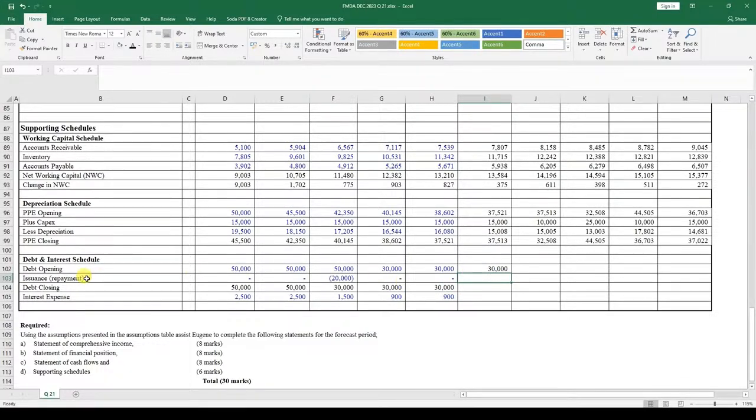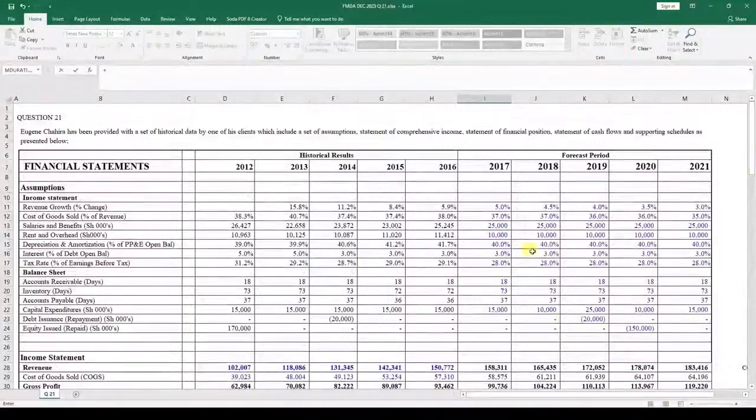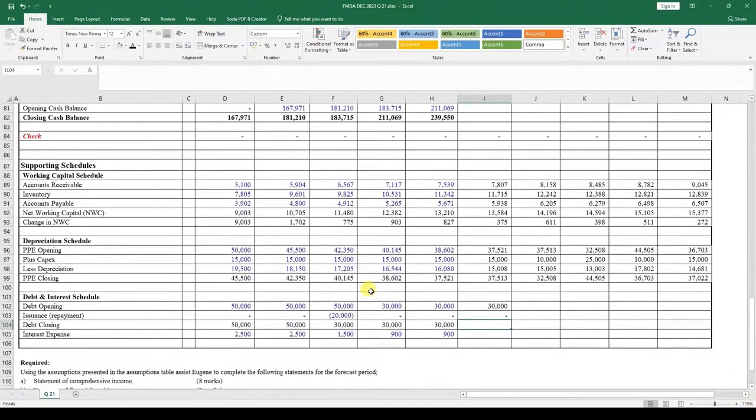And the issuance and repayment of debt can be gotten from the assumptions section, which is up over here. So for debt issuance and repayment, you link it with that. Here, because it's a formula, we just drag it over here.